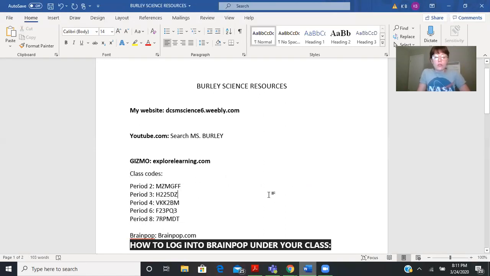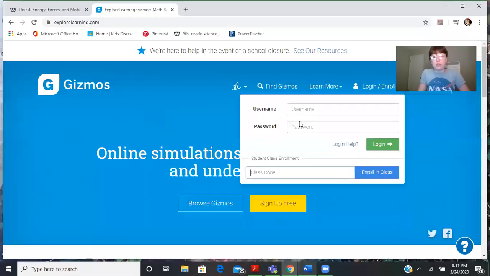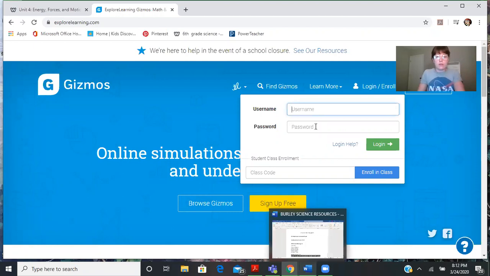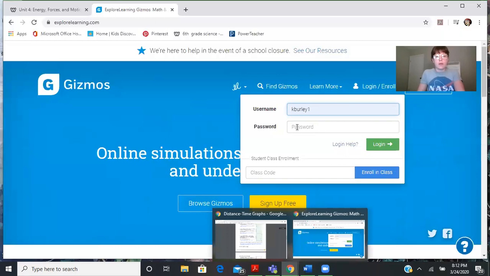So you need to create your own username and login unless you remember one that you've used before. If it doesn't work, then create a new one. So I already have a username, and I've already downloaded it. So I have it open right here to edit.